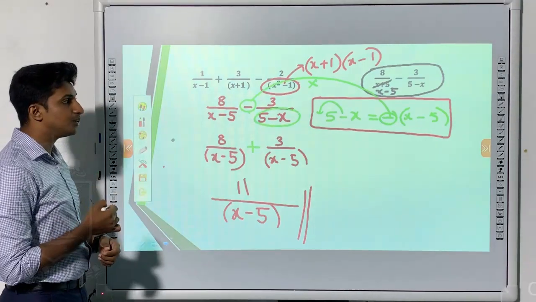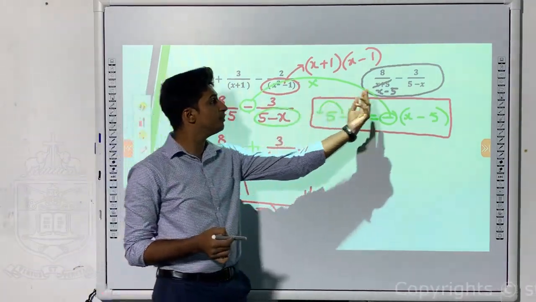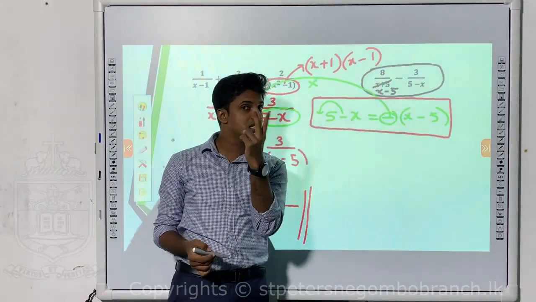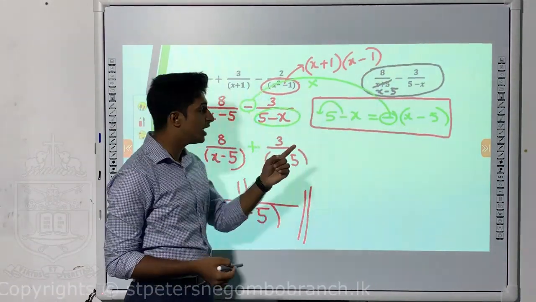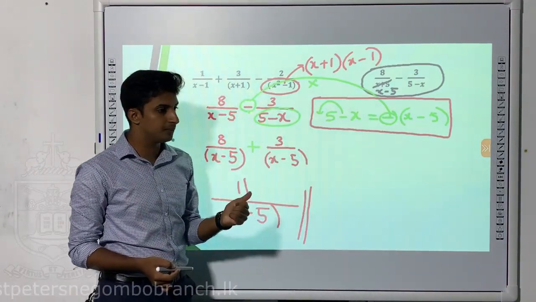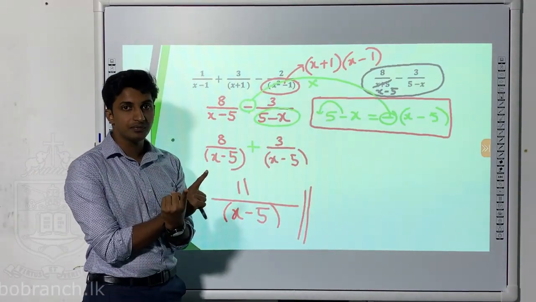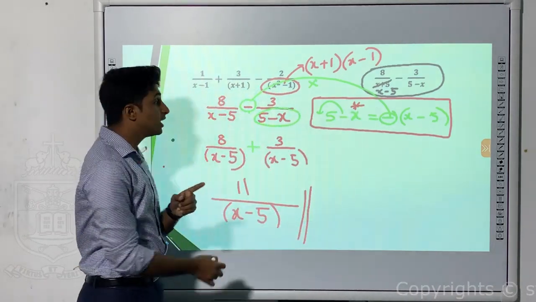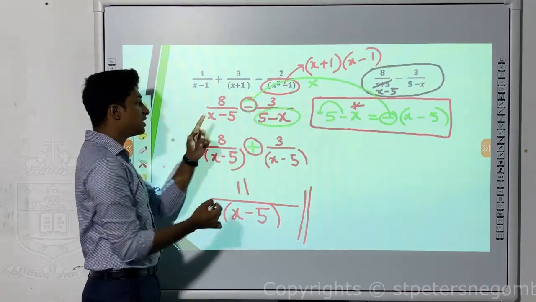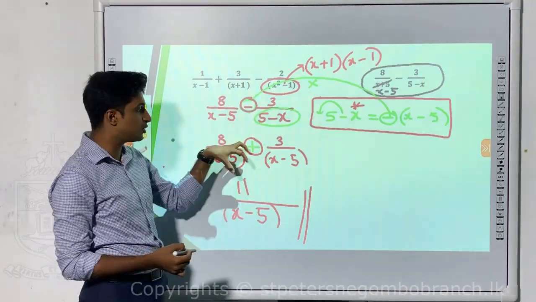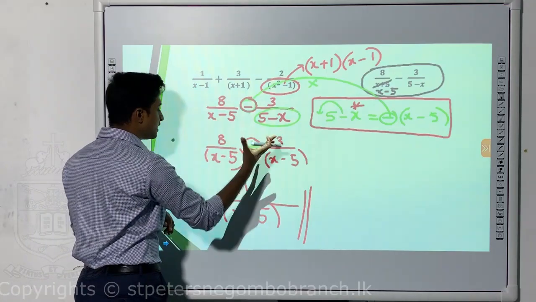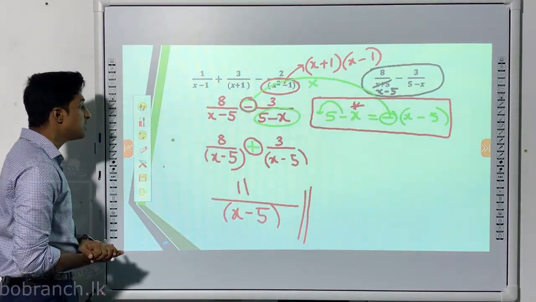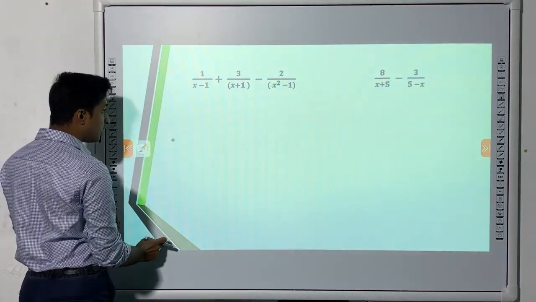What I wanted to explain is that when you have the same algebraic terms with interchanged values and a subtraction in the middle, you can turn them using this concept. When you turn it, the middle sign will change. See, the minus sign has already changed into the plus sign. So 8 plus 3 is 11 over x minus 5. These are the things you have to learn under algebraic fractions.